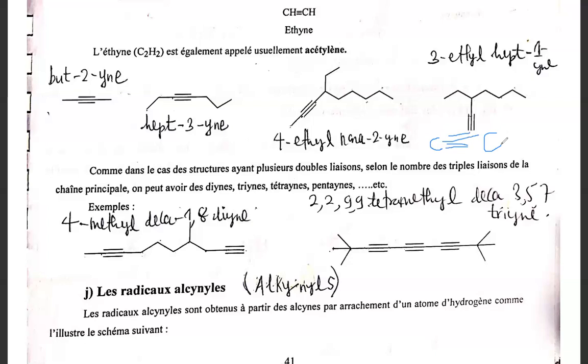I think it's possible because carbon forms 4 bonds, and since carbon has an electronic configuration of 2,4, it needs 4 other electrons to be stable.